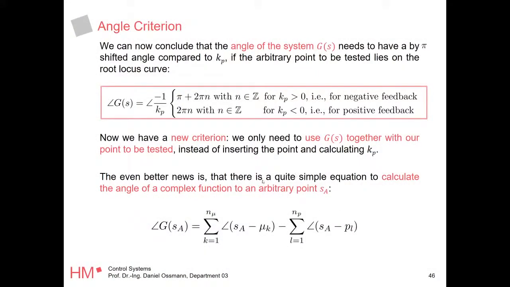If you have a system and a specific point, and I show you that on the next slide for our example, you only need to compute the angles between all the zeros and all the poles. So you don't need to put your desired point, which I named A, in your system and compute the angle. No, this is basically a graphical evaluation you can do. And this is shown on the next slide.